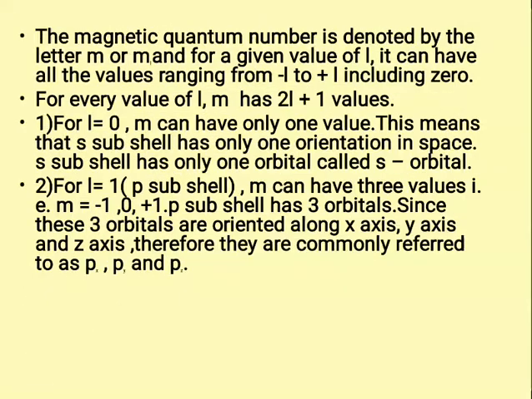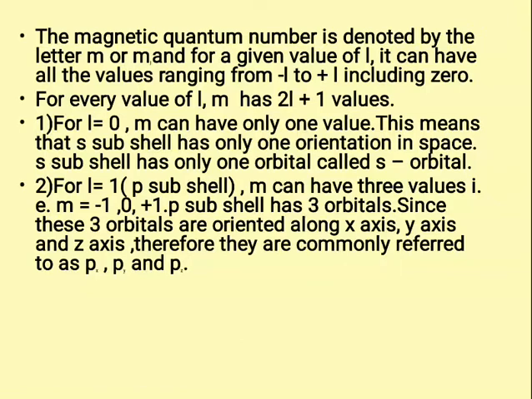The magnetic quantum number is denoted by the letter m, and for a given value of L, it can have values ranging from minus L to 0 to plus L. For every value of L, m has 2L plus 1 values.